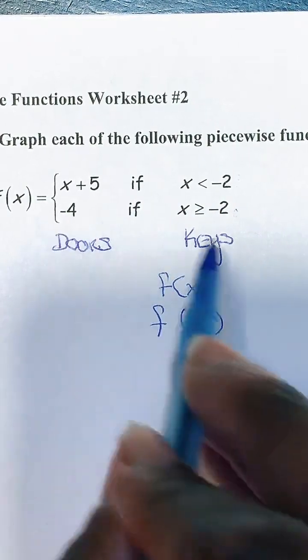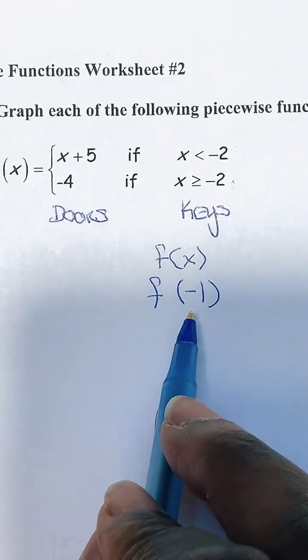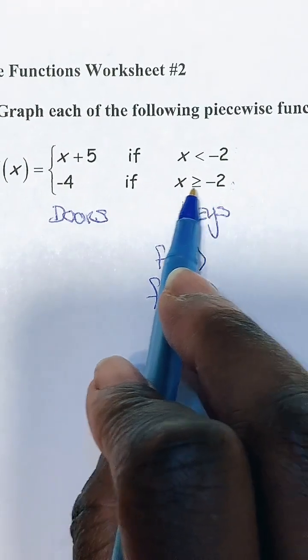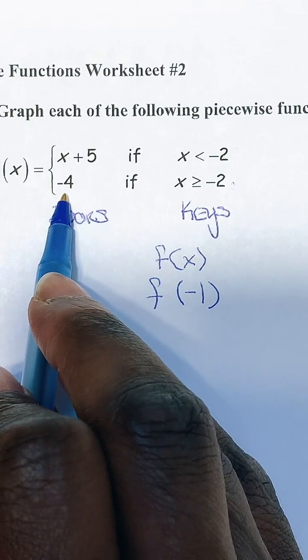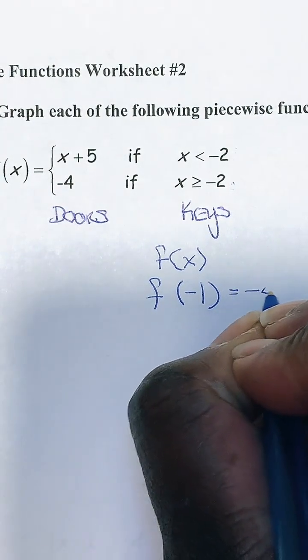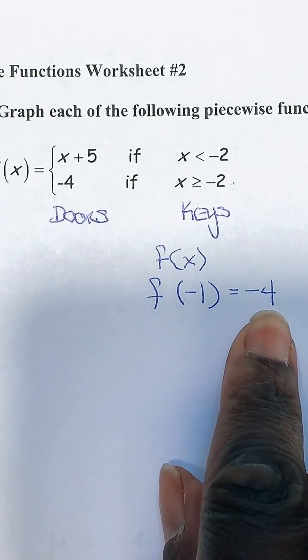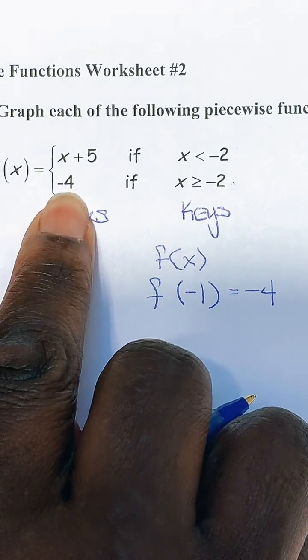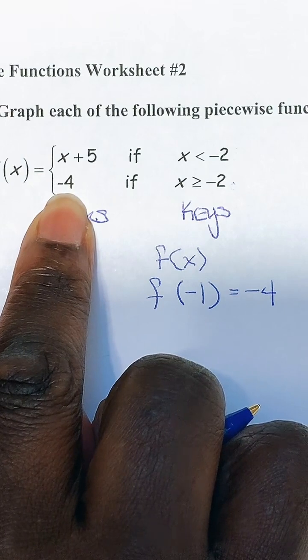So that means when I plug in my f of -1, my y value is just going to be -4. The reason why it's just -4 is because that's all I have as the expression, right?